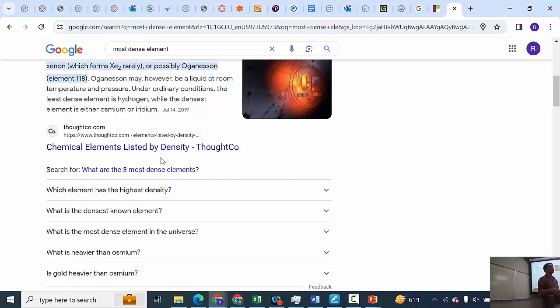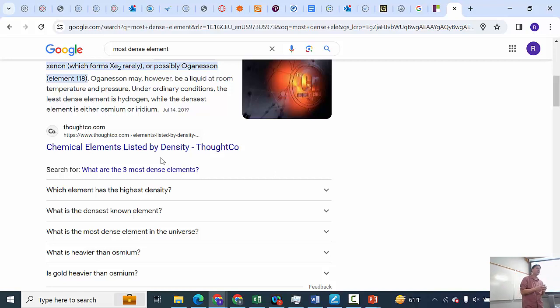But the situation is sometimes things occur in different arrangements. Those arrangements we call different structures. So for example, pure carbon occurs as diamond, or pure carbon can be graphite. And so sometimes there are what we call allotropes. Allotropes are the same element but different structures. And so it depends on which allotrope.